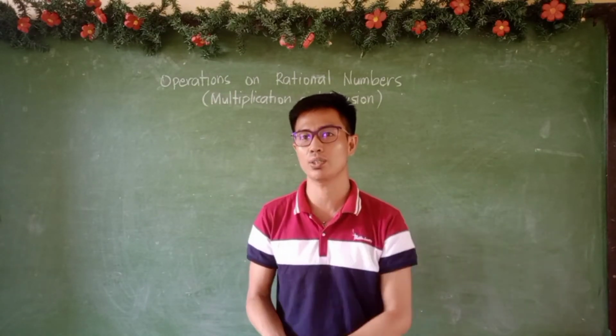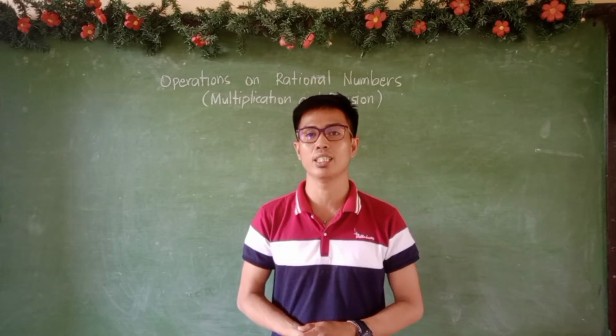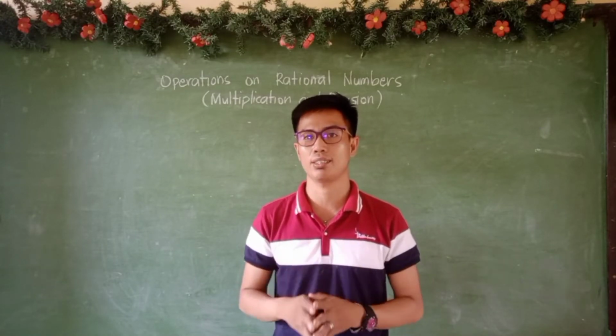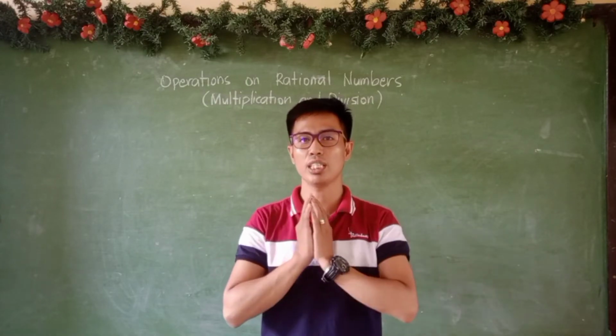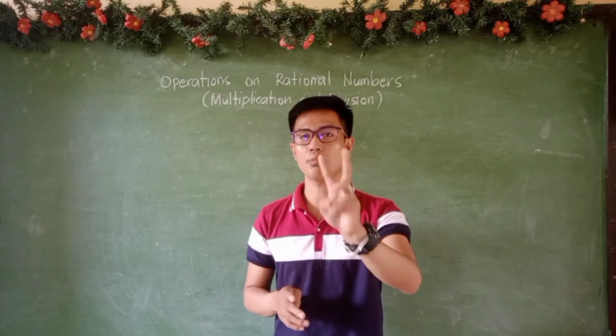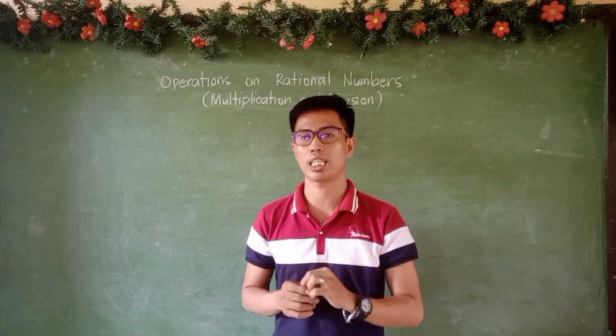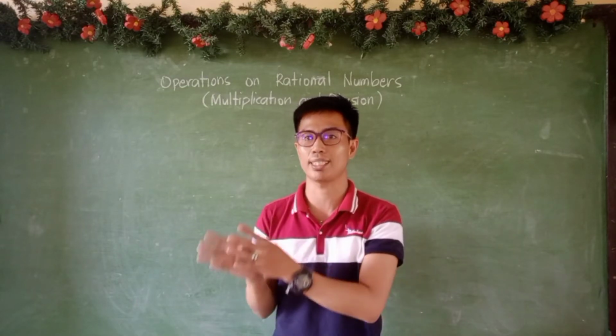So the first thing to remember is the rules in dividing and multiplying integers. So kapag nag-multiply tayo or nagdi-divide ng integers, meron lang tayong parehas na rule. So, kapag nag-multiply or nag-divide tayo ng dalawang parehas na integer, that means ang sagot is positive.